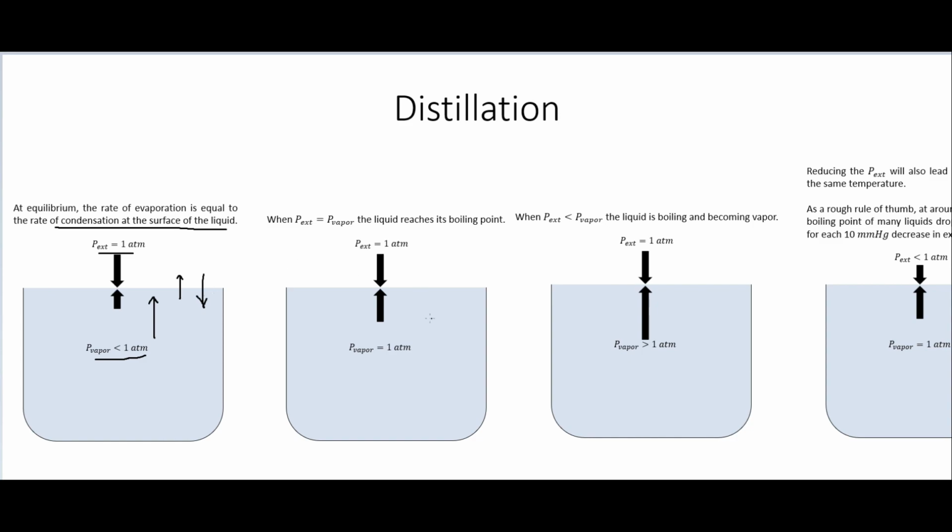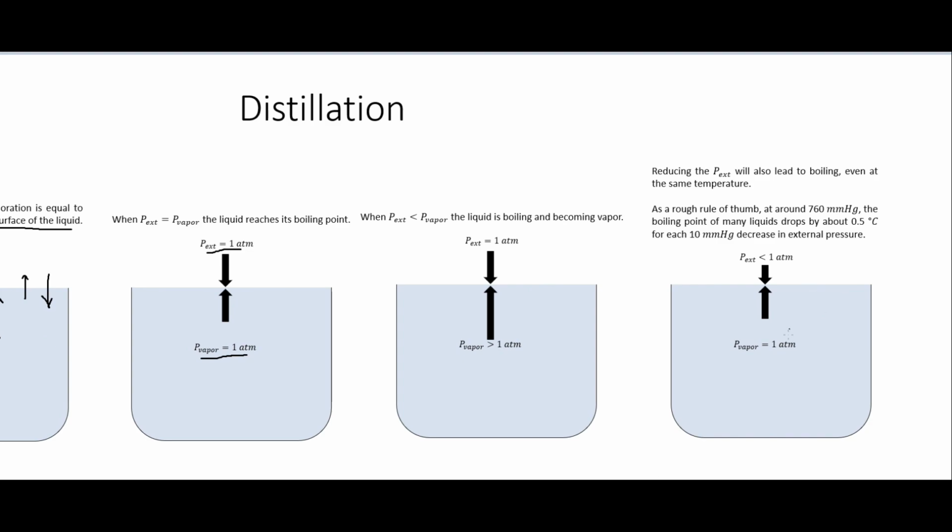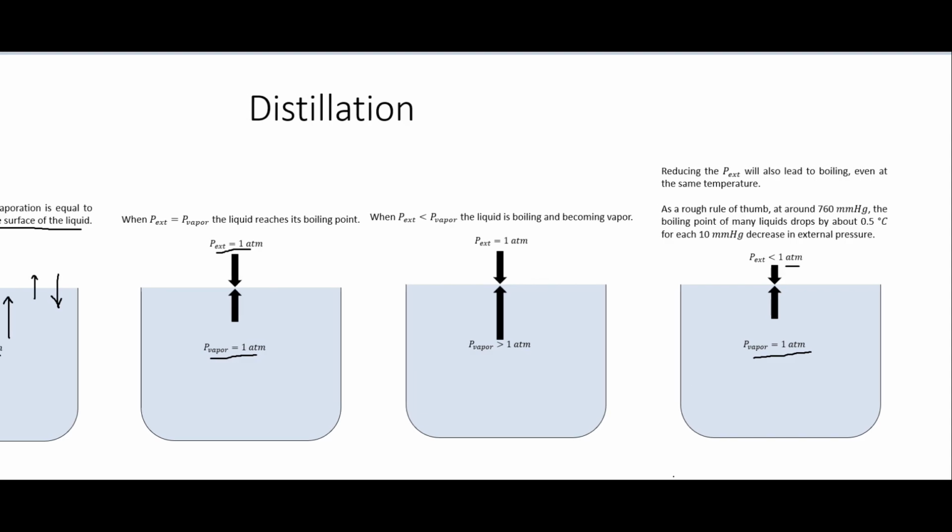And that will remain the case until we get to the point where the vapor pressure is 1 atmosphere and the external pressure is 1 atmosphere. Or, as I show over here, we can do the opposite, where if we have this at, say, greater than or equal to 1 atmosphere and the external pressure goes down to less than 1 atmosphere, then we will also have this start to boil and evaporate.